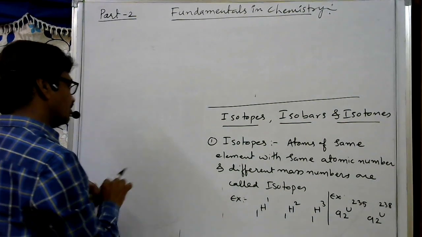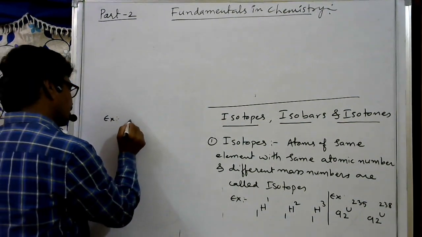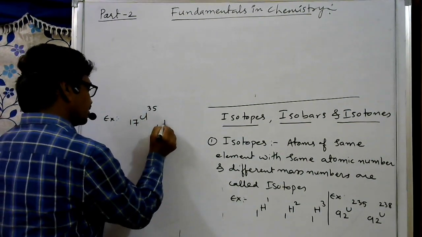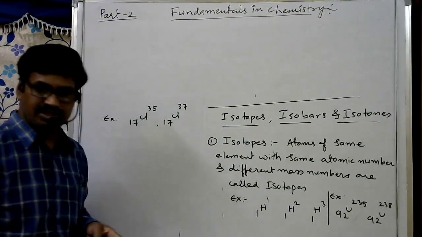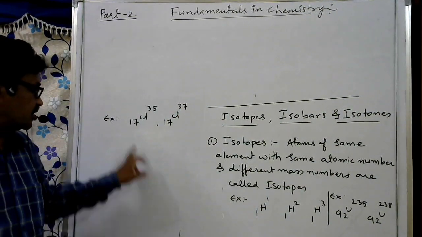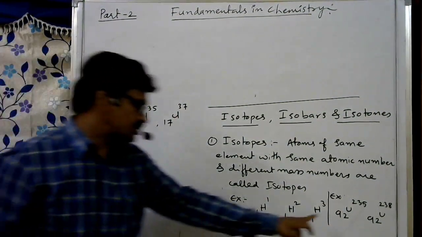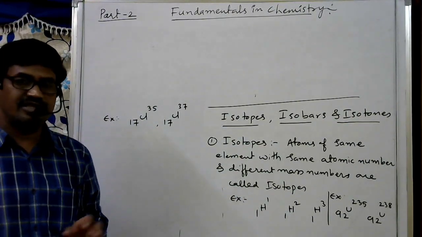Here I am writing one more example for isotopes: 17 chlorine 35, then 17 chlorine 37. So in all these examples, we can observe the same atomic number and different mass numbers. So these are nothing but isotopes.